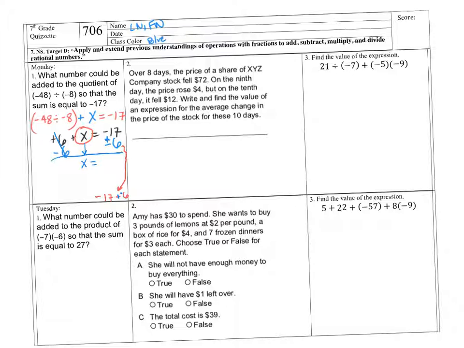So if I were to change negative 17 minus 6 into the addition of the opposite, which is the equivalent, which is negative 17 plus negative 6, you have to remember that the addition and subtraction rules are different from the multiplication and the division rules. So here, you're not multiplying negative 17 and negative 6.